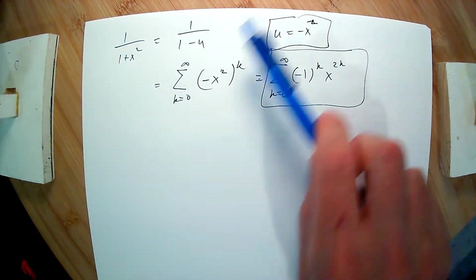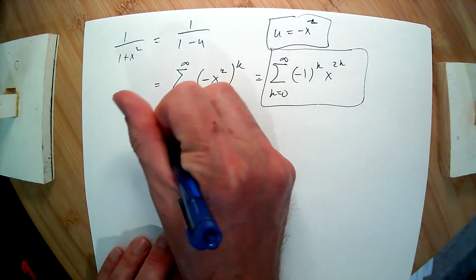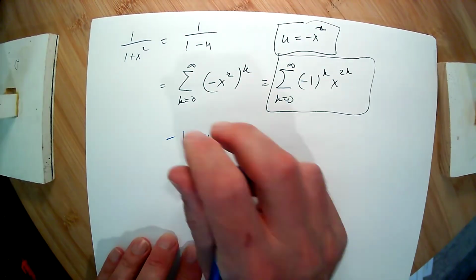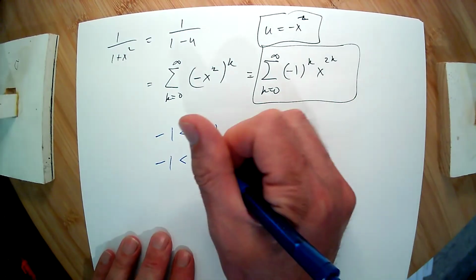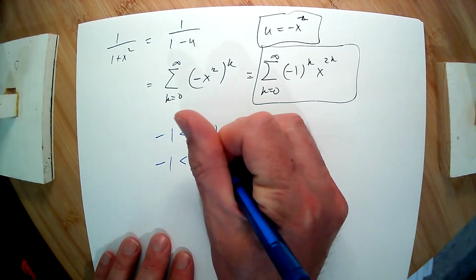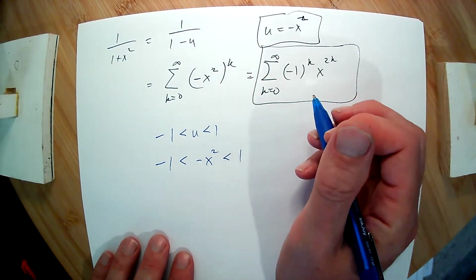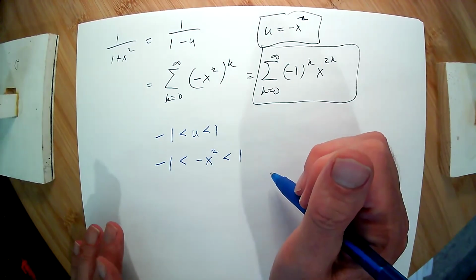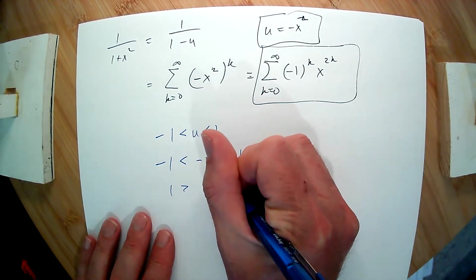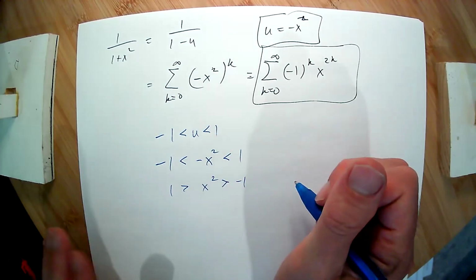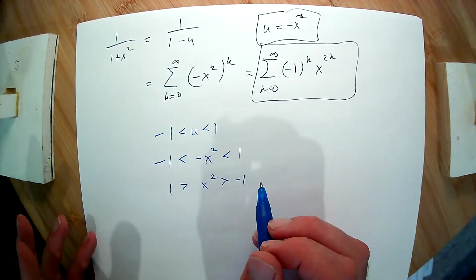And again, if I want to start thinking about interval of convergence, the original 1 minus u piece converged where -1 was less than u is less than 1. So for us, that means where -1 is less than -x squared is less than 1. And so where does that happen? Well, this happens when 1 is greater than x squared is greater than -1, multiplying everything by -1. This turns into a nonlinear inequality that we have to think about.